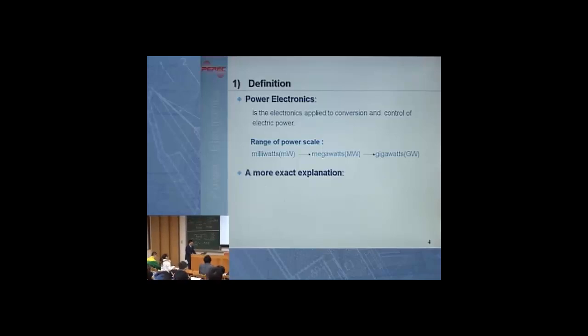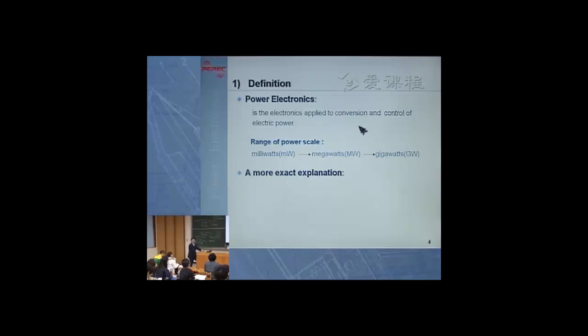We can very easily understand that power electronics is the electronics applied to the conversion and control of electric power. That power range could be as small as milliwatts, but it could be as high as gigawatts.